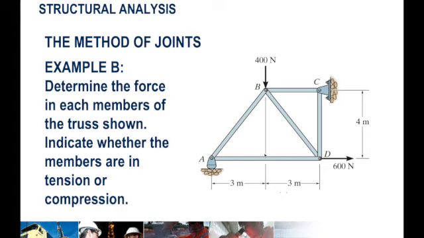But of course, the first step would be to determine the values of the support reactions. We have here a rocker connection, and we have a pin connection at C. At A, it's a rocker, so it means it's only a normal force. This one has an X and Y component.